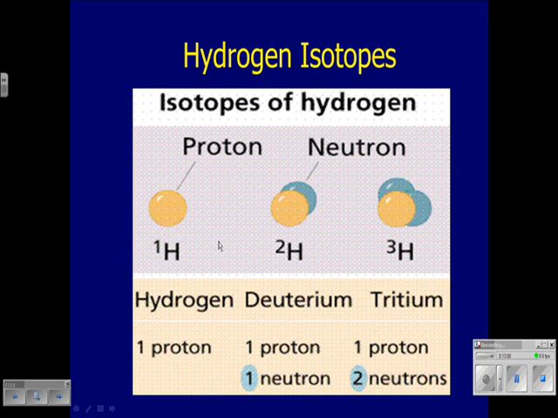Both 1 and 2 are naturally occurring. This is not naturally occurring, but it can be made in things like nuclear reactors, and again, it is radioactive. All right, so you'll write those down when you get to the note.